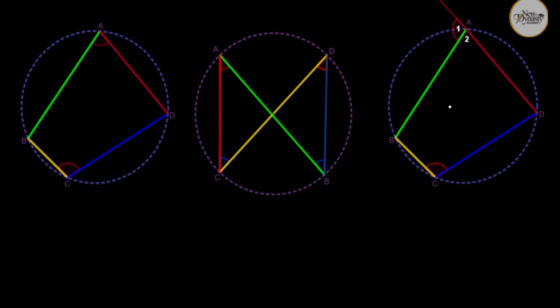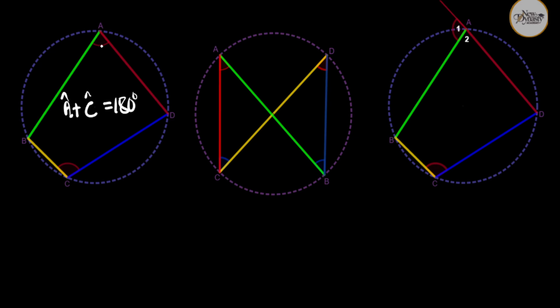But in questions, you are going to be asked to prove if a figure is indeed a cyclic quadrilateral. So there are 3 ways for you to do that. On the first diagram, if you are given the figure like that, and you are told that A plus C is equal to 180 degrees, that is angle A plus angle C, the ones that are highlighted there, equals 180 degrees.